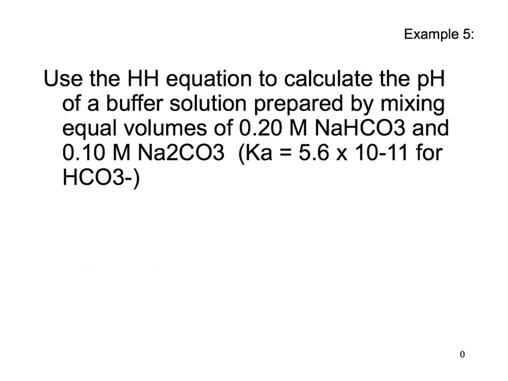All right. The question is, using the HH equation, calculate the pH of a buffer solution prepared by mixing equal volumes of 0.2 molar bicarbonate and 0.1 molar sodium carbonate. So the Ka value is provided to you. You know the HH equation is pH equals pKa plus log of base over acid.